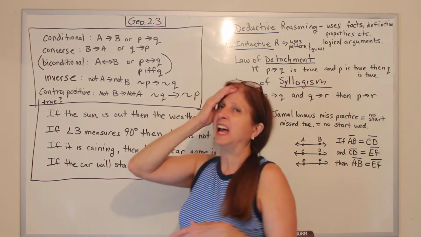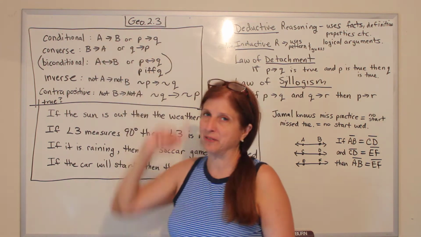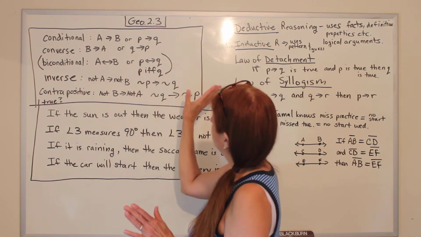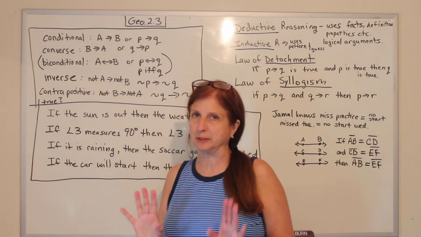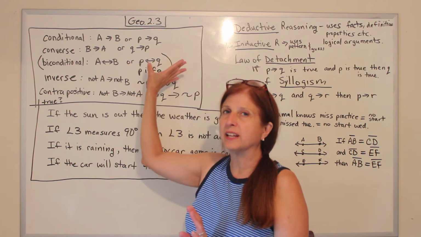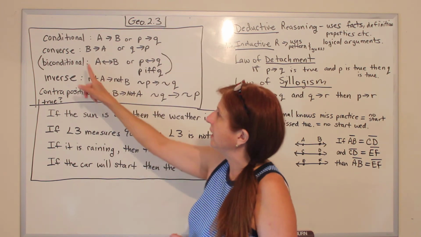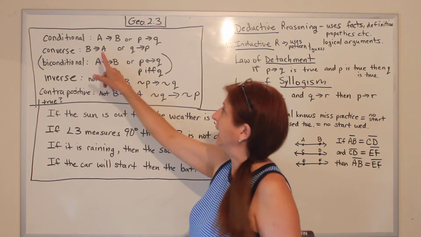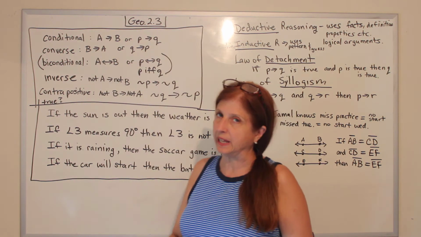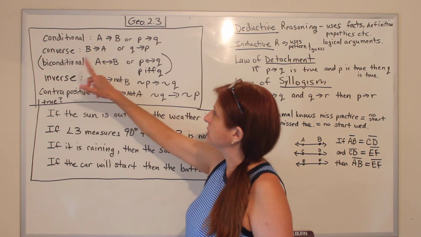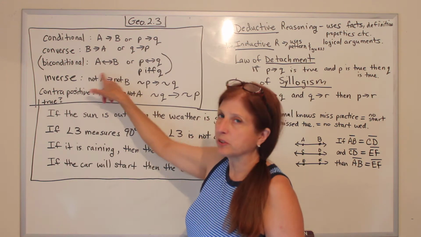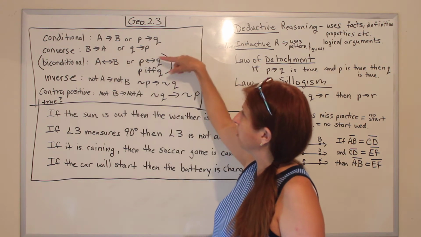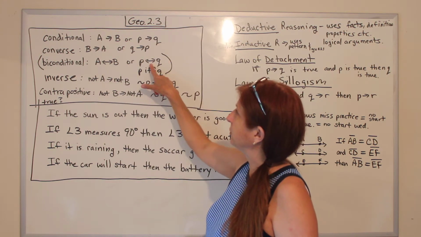So to me, I'd much rather have A and B. Normally, a lot of times it's P and Q, okay? So the converse is if B, then A, or if Q, then P. If it's biconditional, it should be able to go both ways. Both ways are true. You can write it both ways true with P and Q.